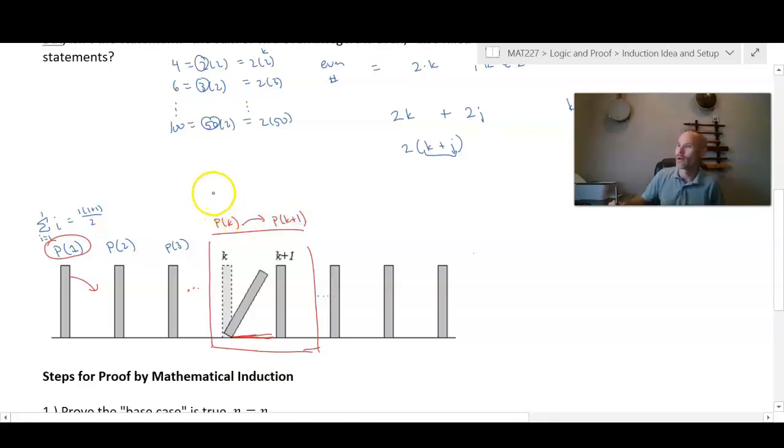So we need to establish every domino knocks over or knocks down the next domino.